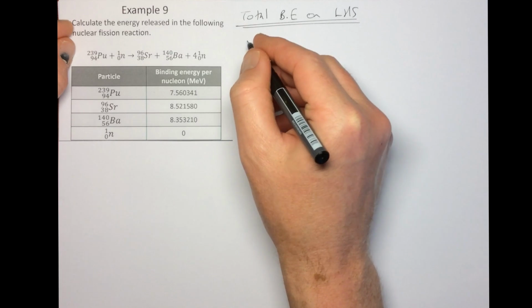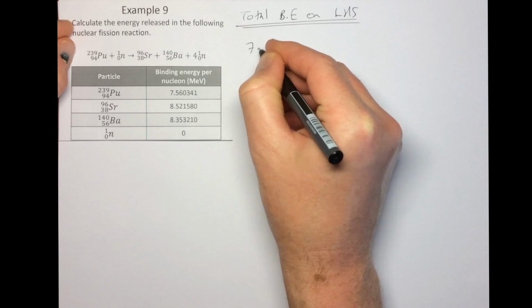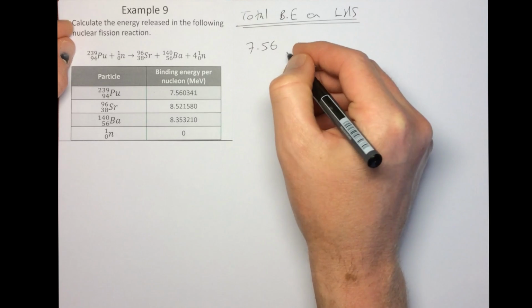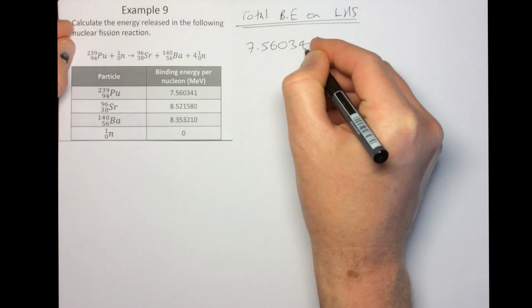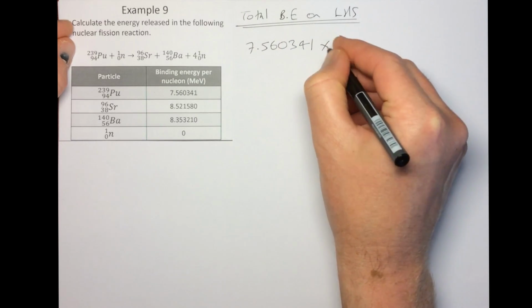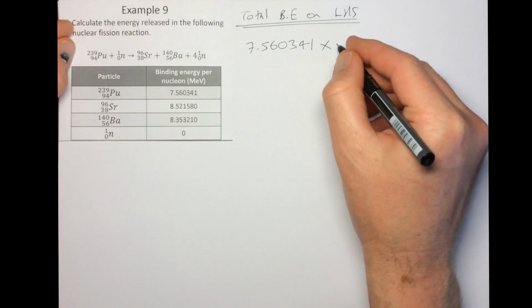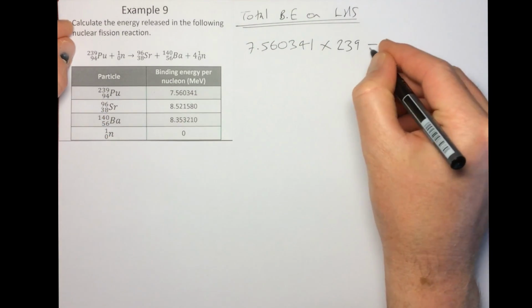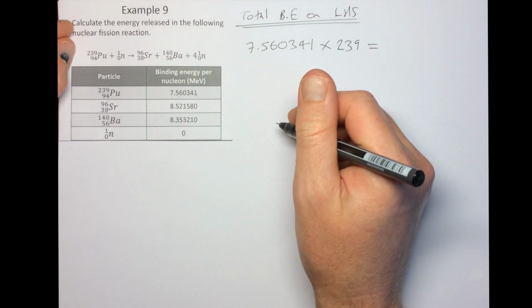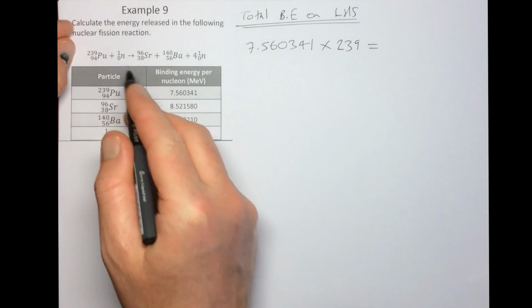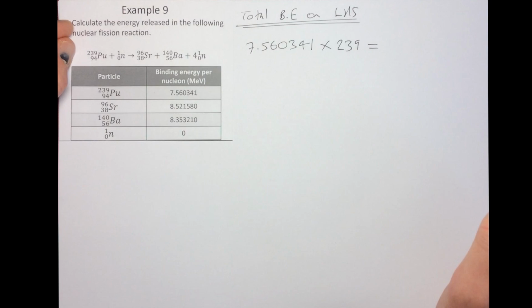So let's figure out the total binding energy. To do that, we're going to take the binding energy per nucleon of plutonium, and multiply it by the number of nucleons to get the total binding energy on the left hand side. Remember, we don't need to worry about the neutron because it doesn't have any binding energy.